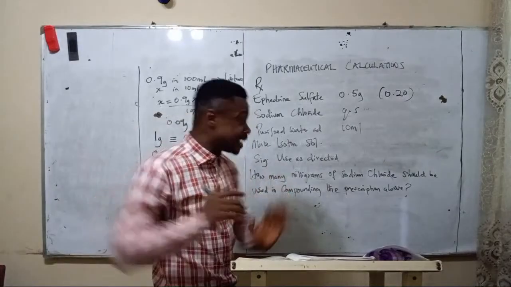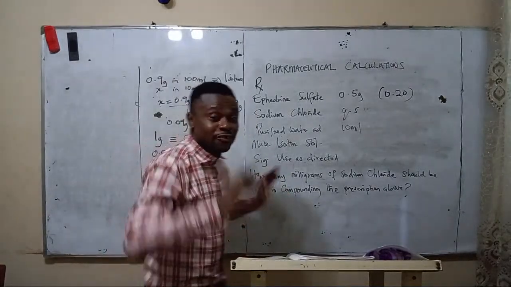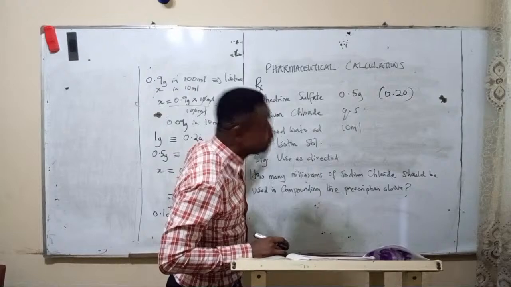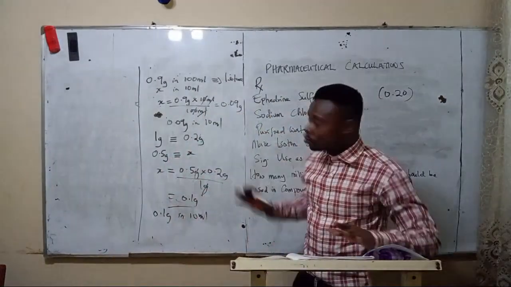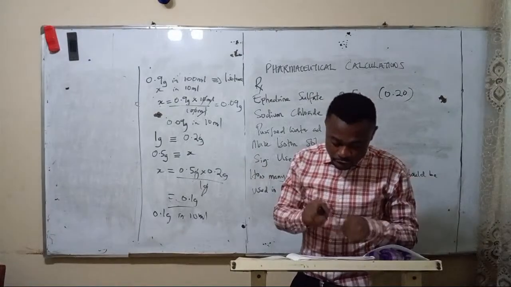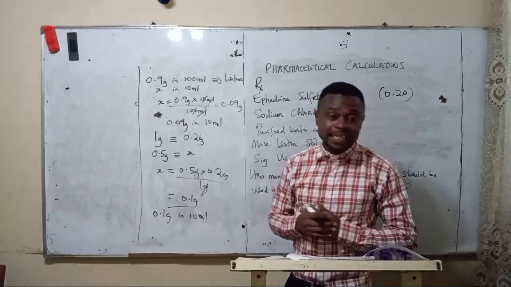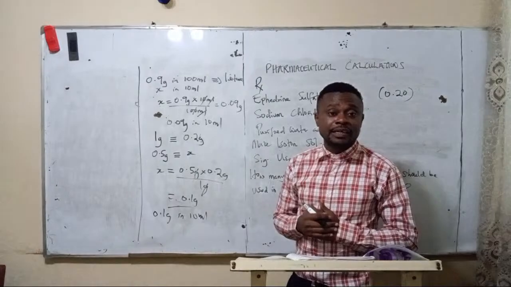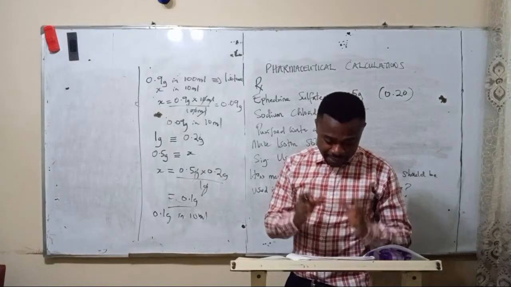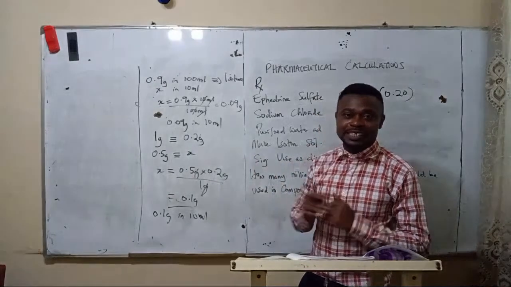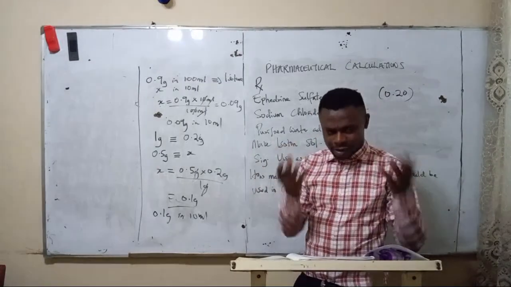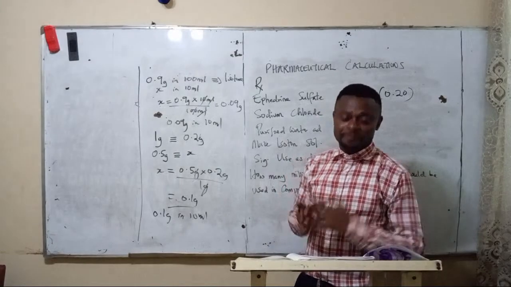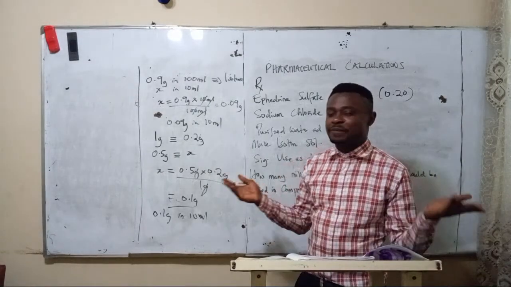I'm going practical now. But before then, I don't know if you have any question. If you have any question, please drop your questions in the comment section. I will see it immediately and reply to you. But I want us to do something practical now. Let's use the one we know in the lab, in the hospital: 5% dextrose water.